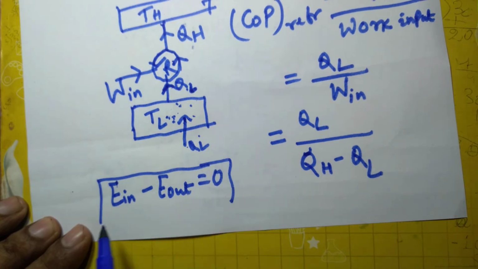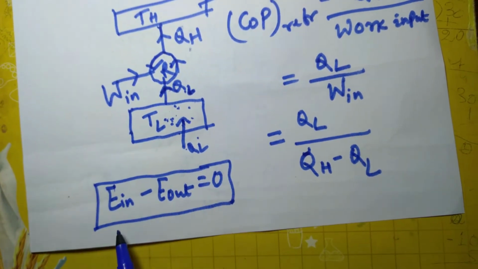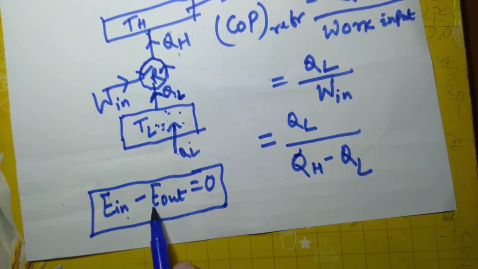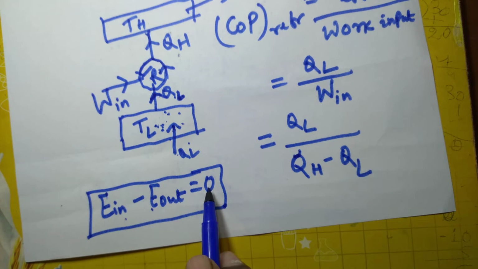Summation of all the energy entering the system during that cycle minus summation of all the energy leaving the system during that cycle is equal to 0.